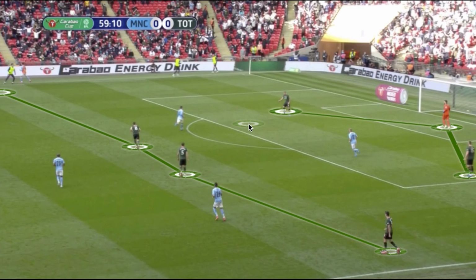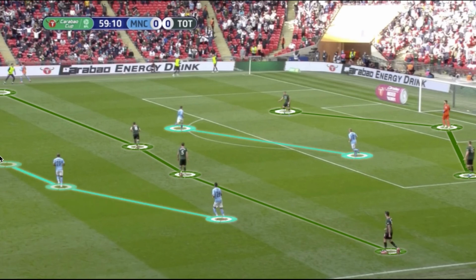They often in the first half looked to play out from the back, but after a few ball recoveries from Manchester City and their 4-4-2, but it often looked like a 4-2-4 with their advanced wide midfielders, then Tottenham would limit their playing out from the back and look for a more direct route to progress past Manchester City because of their limited access to the double pivot and the space between the lines.